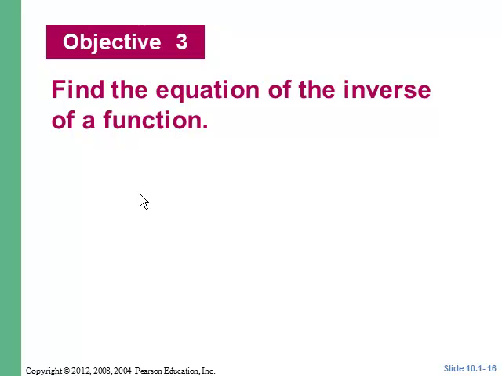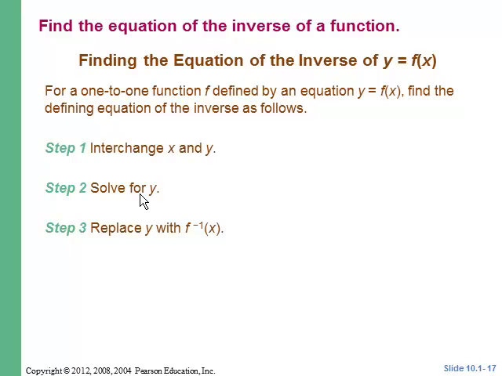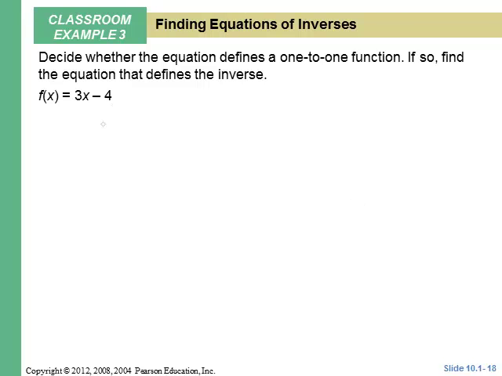So if you do have a function, how do you find its inverse? First step is to interchange x and y, solve for y, and then replace y with f negative 1 of x. So let's look at this one. y equals 3x minus 4. Switch the x and y. x equals 3y minus 4.